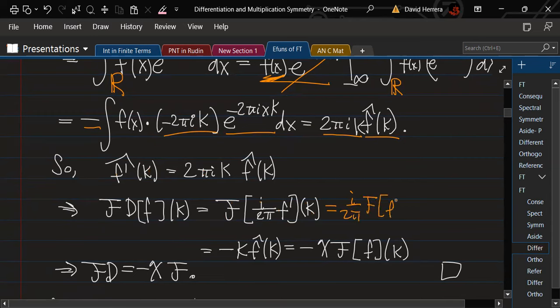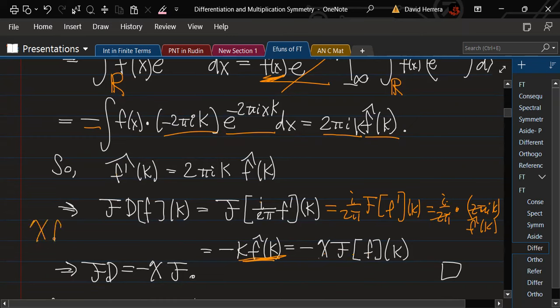Fourier transform of the derivative of k. That's i over 2π times 2πik times the Fourier transform. So we see here the 2π's cancel. i times i is negative 1, so we get negative k f hat. Now, this right here is just x f hat of k, because remember, x just says multiply by x.